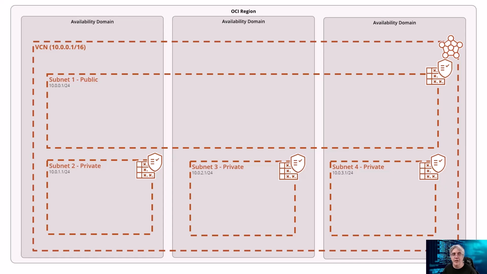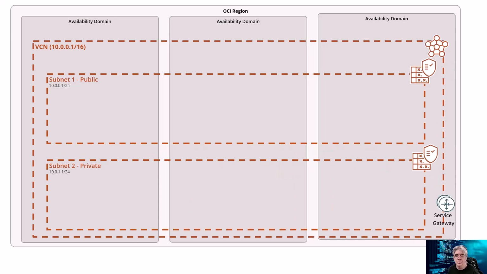Subnets can also be either regional, meaning they span across the entire region, across however many availability domains there are, or they can be tied to a specific availability domain. Unless you have a very specific reason to tie them to a particular availability domain, we recommend that you go with regional subnets. It just makes your life a little bit easier. It means you only have, say, one subnet instead of 3, for example.